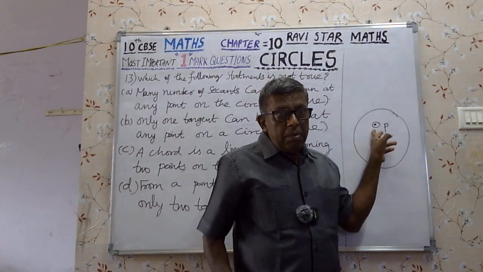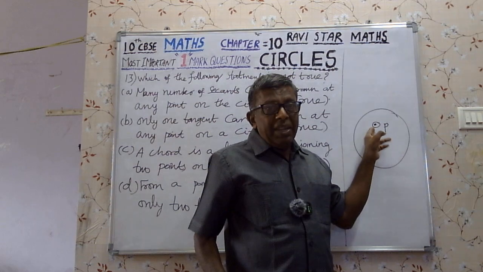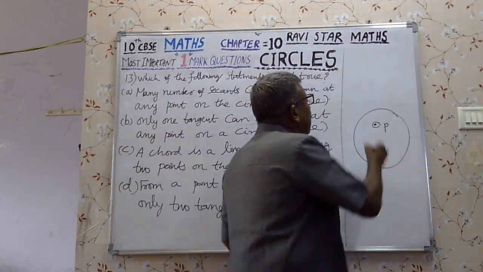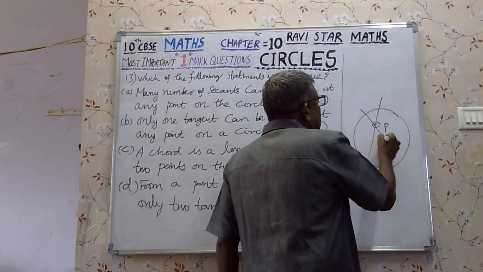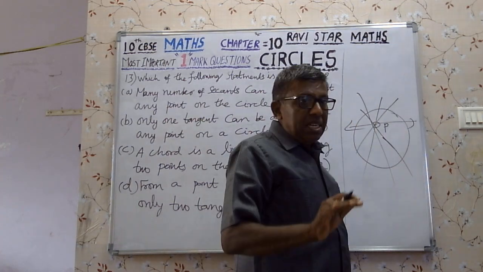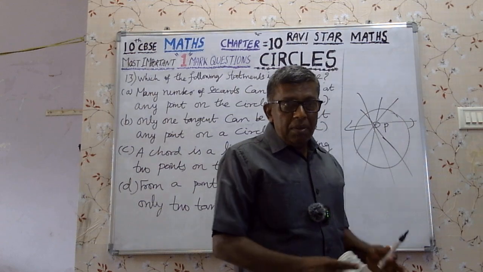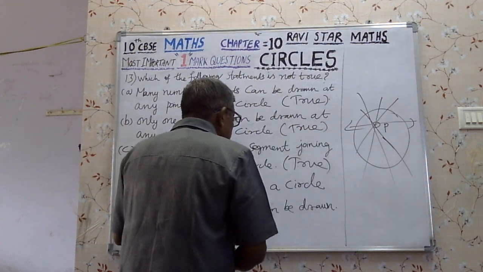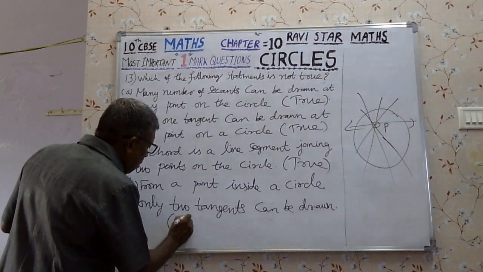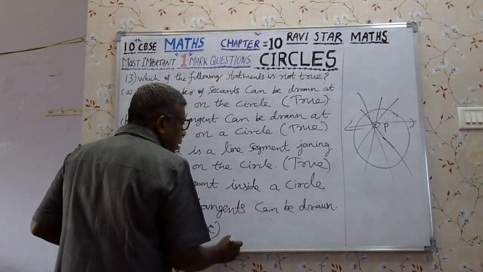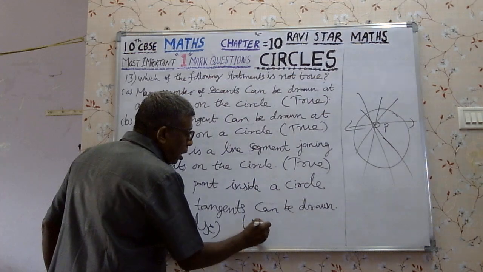Through this point, we can draw many lines. They are all not tangents. They are all simply lines passing through the point P. Therefore, this is false. That is, this is not true.